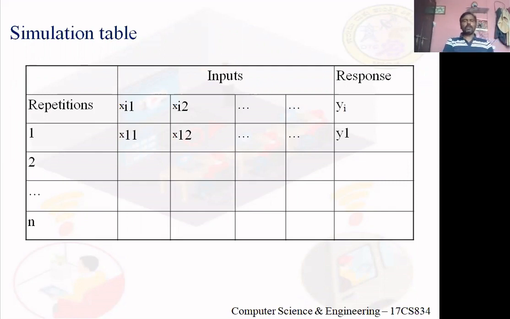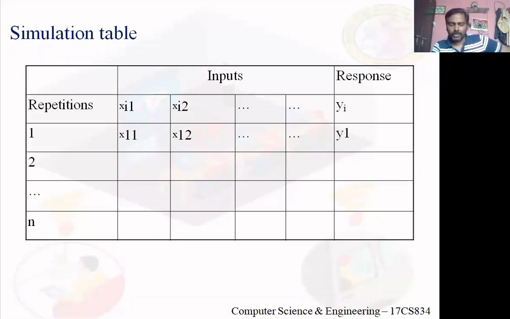Now, once you have all these inputs, see here, the first step represents the initial condition of the system. The inputs are shown in 4 columns, but depending on the system there may be any number of inputs.